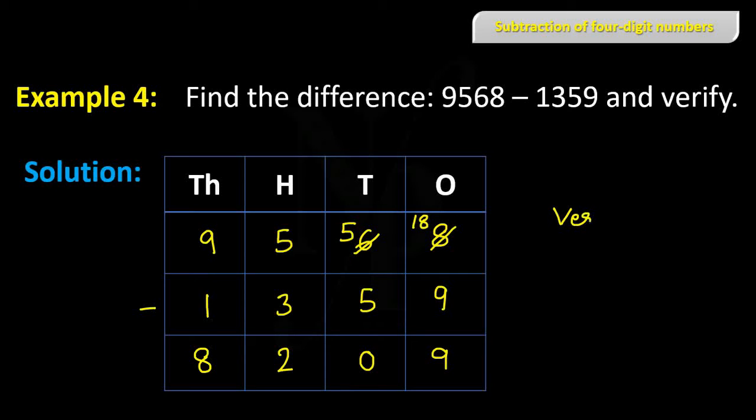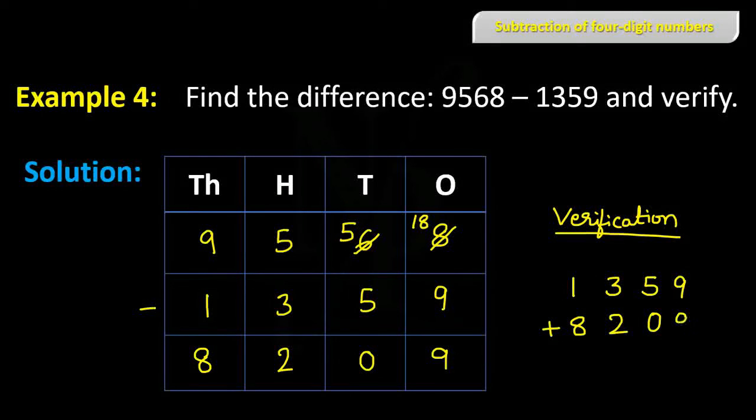Verification. Let us write down the number which is subtracted, that is 1359 plus 8209.